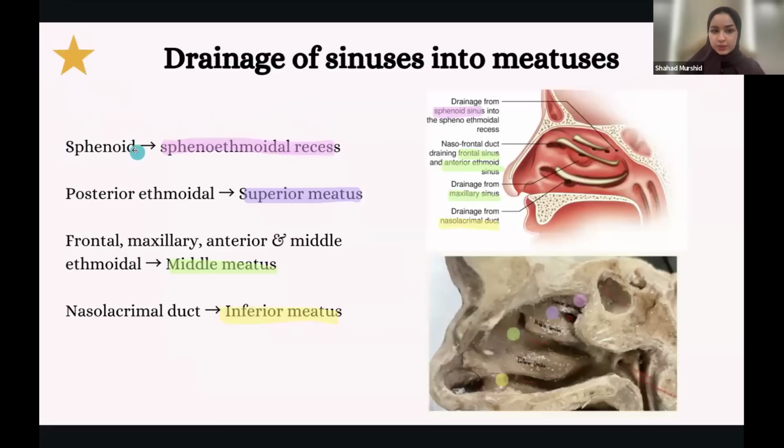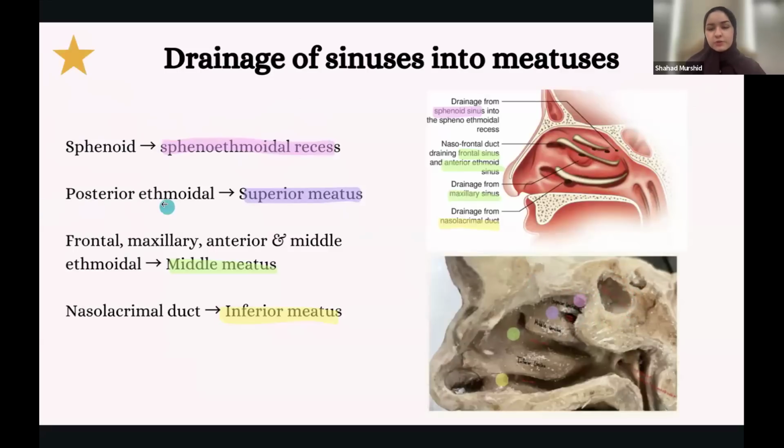First we have the sphenoid sinus. As we said, this was the sphenoid sinus over here and here. The sphenoid sinus drains into the sphenoethmoidal recess. The sphenoethmoidal recess is this part over here, between the sphenoid bone and the ethmoid, where the superior concha is. This is where the sphenoid sinus drains into.